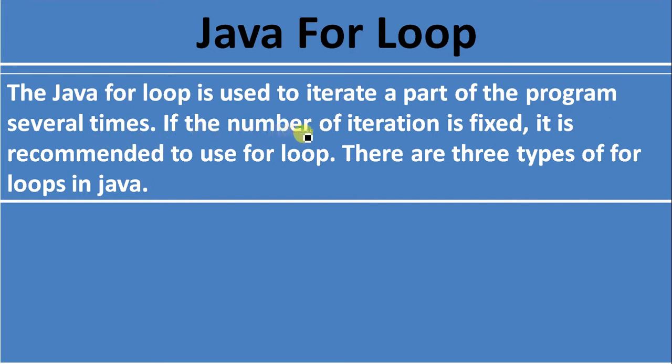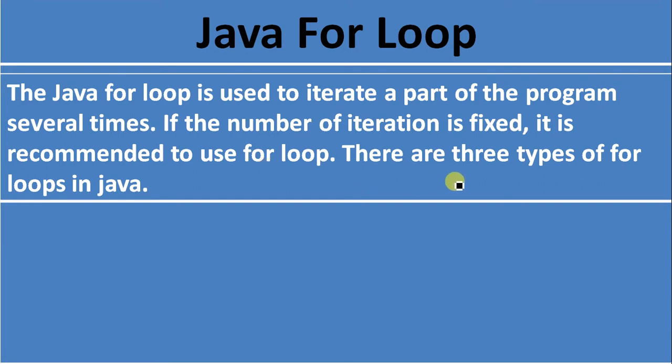If the number of iterations is fixed, it is recommended to use the for loop. If we know how many times we have to execute a set of blocks, then we go for the for loop.